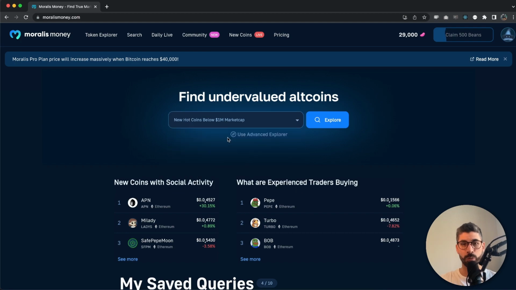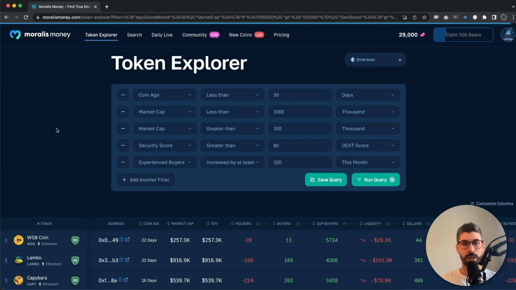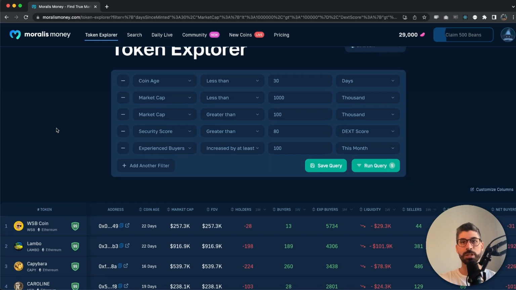Let's start with the first one, which is new hot coins below 1 million market cap. We hit explore and we can see the metrics for this specific query are coin age less than 30 days, market cap less than 1 million but also greater than 100,000, security score greater than 80.